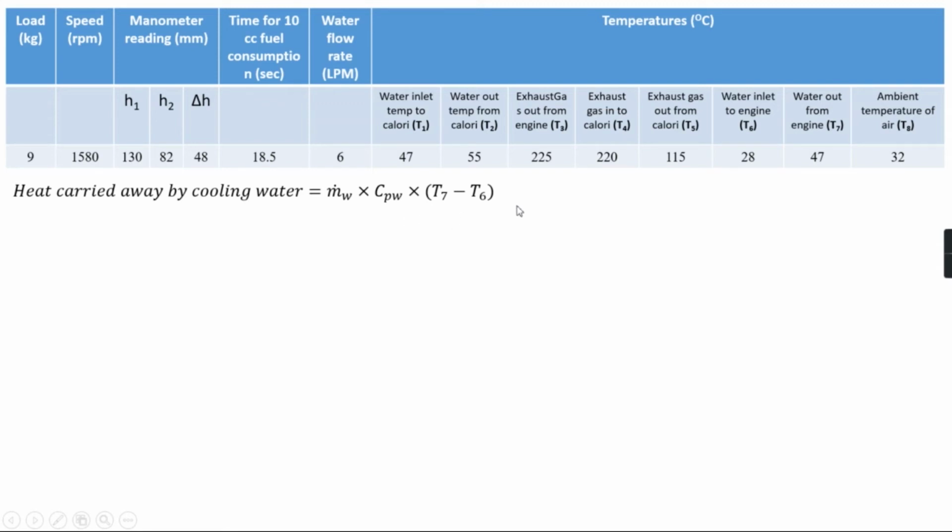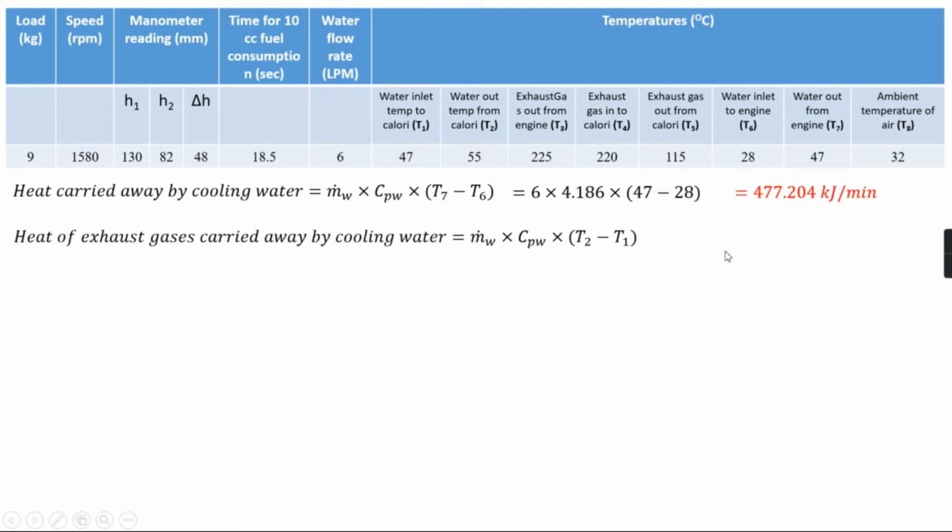Earlier, I have already shown you the schematic diagram where the engine inlet temperature of the water is taken to be T6 and the engine outlet temperature of the water is taken to be T7. So T7 minus T6, that is m Cp delta T, will give me the heat carried away by cooling water from the engine as 477.2 kilojoule per minute.